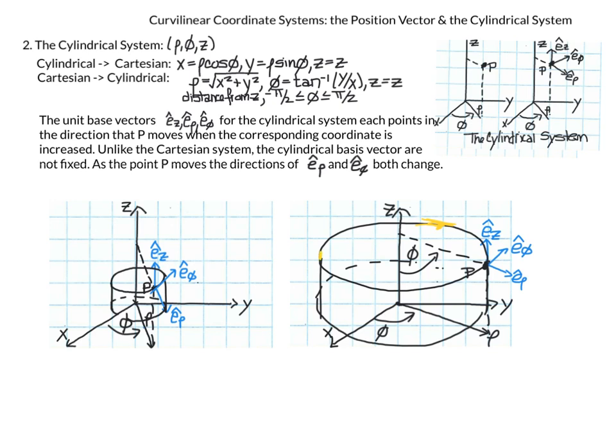If we're over here, then we need to start going down, and then we'll come around this way. So phi just follows the circle. One of the things you'll notice about the basis vector for phi and the basis vector for rho: since rho is radially out and phi is tangent to the circle, that will make the basis vectors for phi and rho perpendicular to each other.